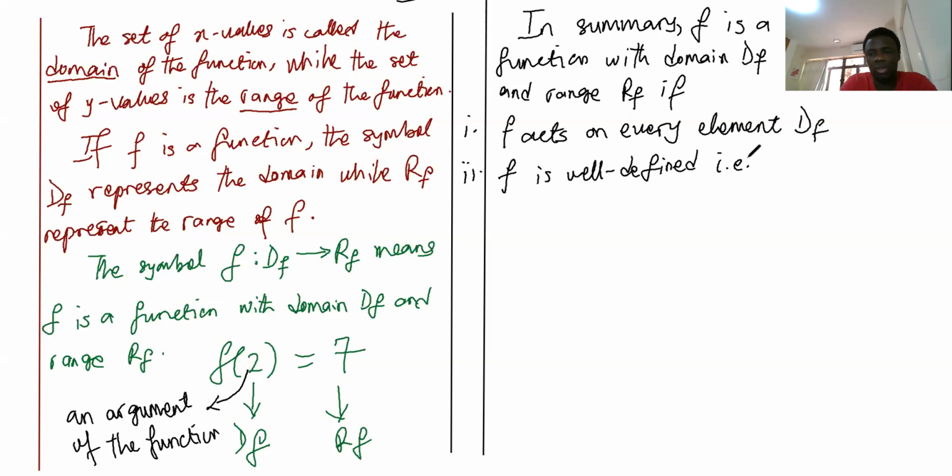Let's see, this is what it is. Well, say that again. Every x value has a unique y value. Yeah, every x value has a unique y value. That's the well-defined thing.